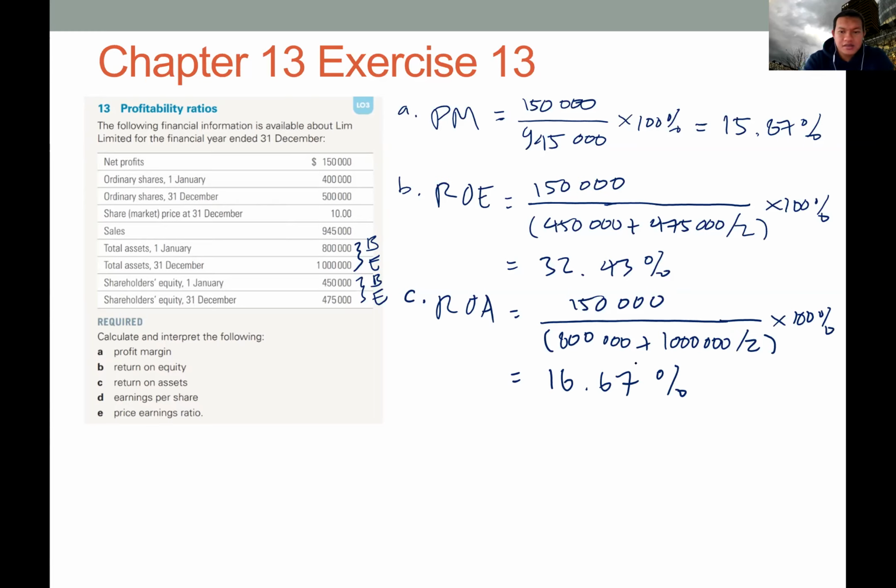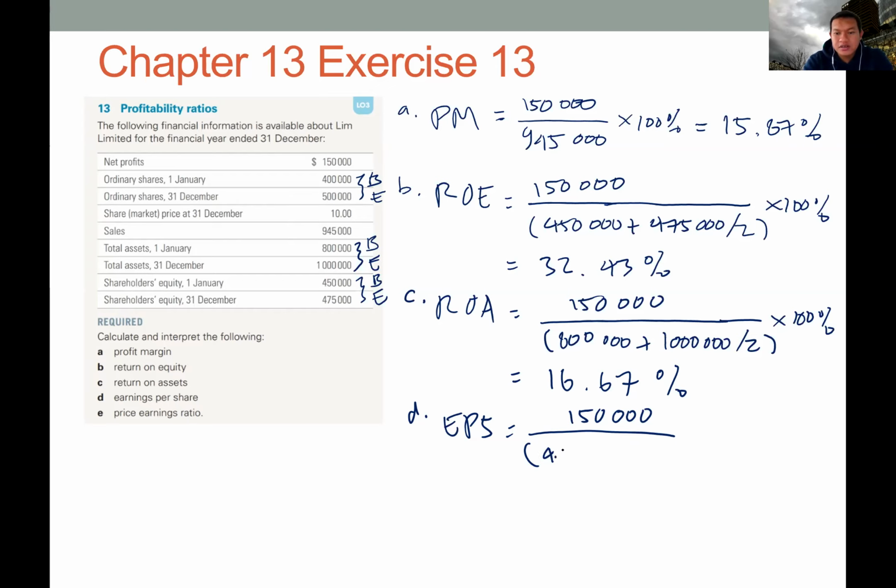And the next one is earnings per share. EPS is the net profit divided by the average number of shares. We have this number of shares. The beginning balance is 400,000, the ending is 500,000.